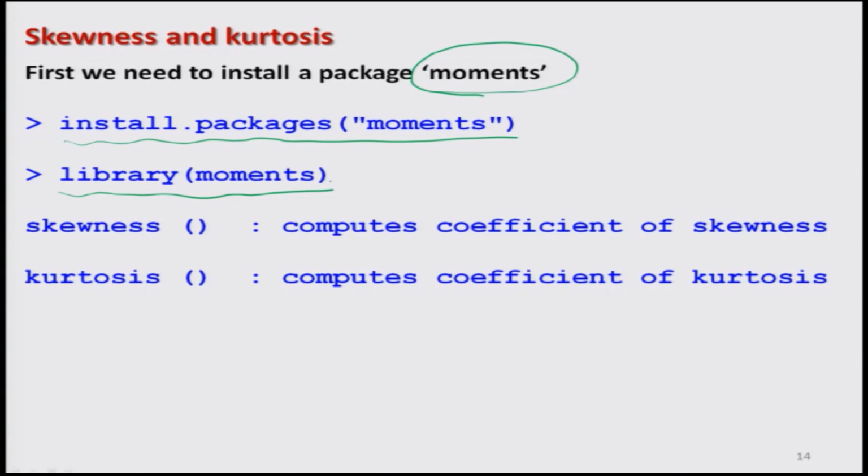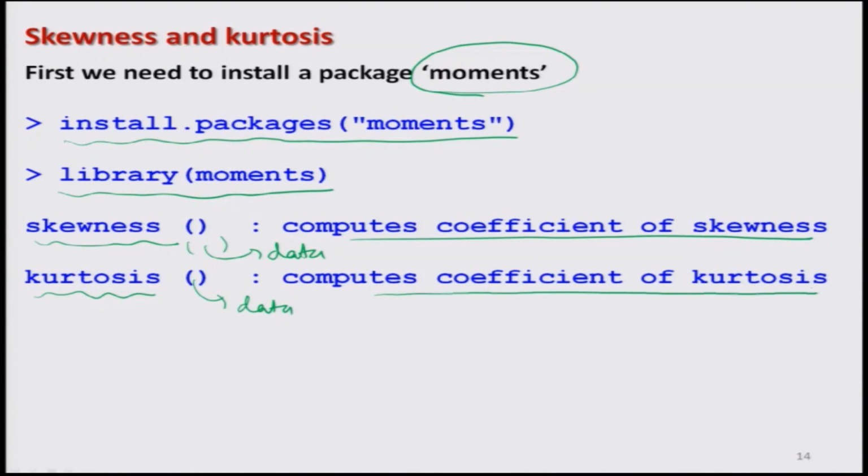After this, you simply write skewness, and inside the arguments whatever is the data vector, and then kurtosis, K-U-R-T-O-S-I-S, and inside the arguments you write the data vector. Skewness will compute the coefficient of skewness that we discussed earlier, and similarly kurtosis will compute the coefficient of kurtosis.